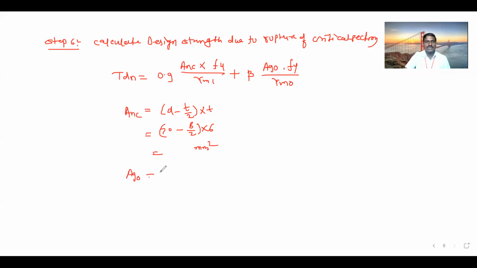Similarly calculate Ago. Anc is 402 mm square. Then here we have to multiply by 2 finally. Are you getting this formula? Why do we have to multiply by 2? For double angle.